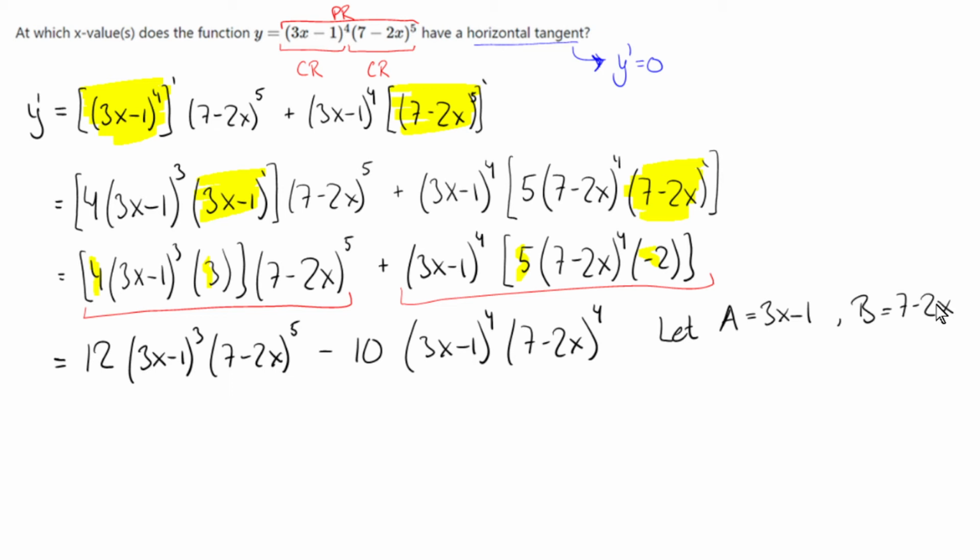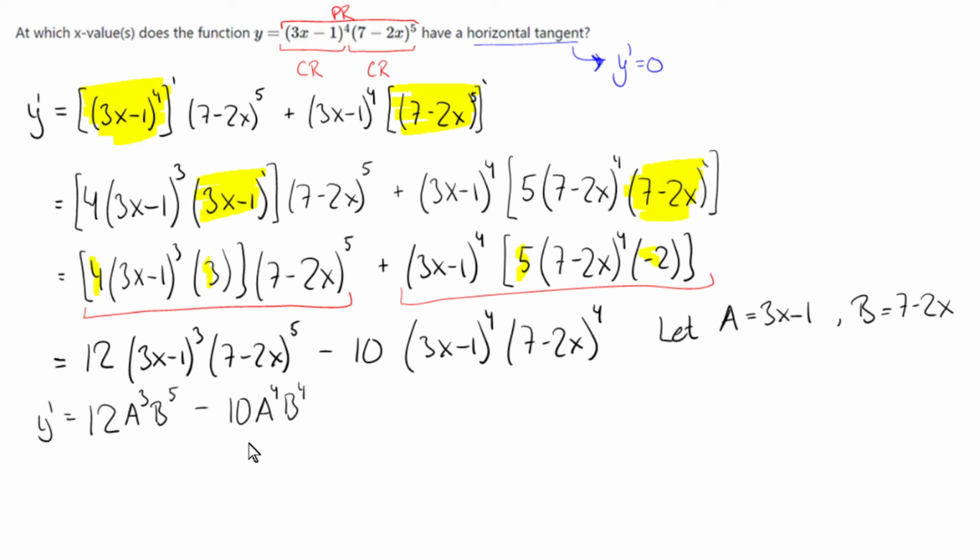Okay, so now I can write this as 12 times a cubed times b to the power of 5 minus 10 times a to the power of 4 times b to the power of 4.